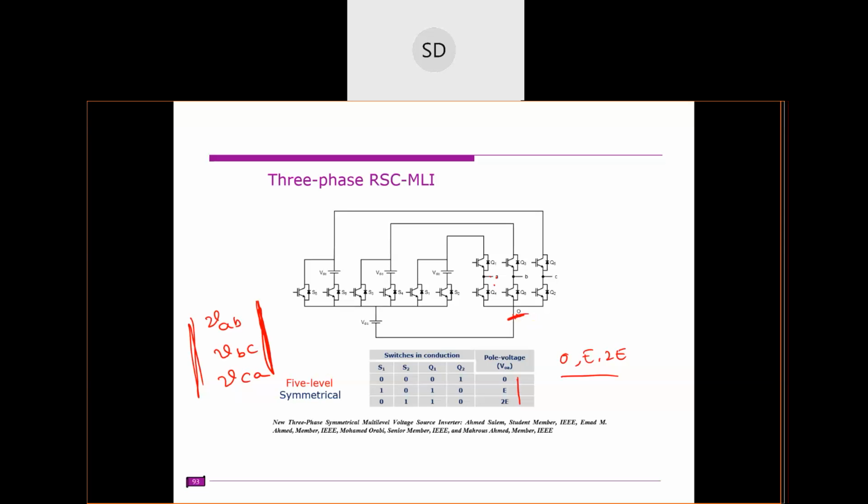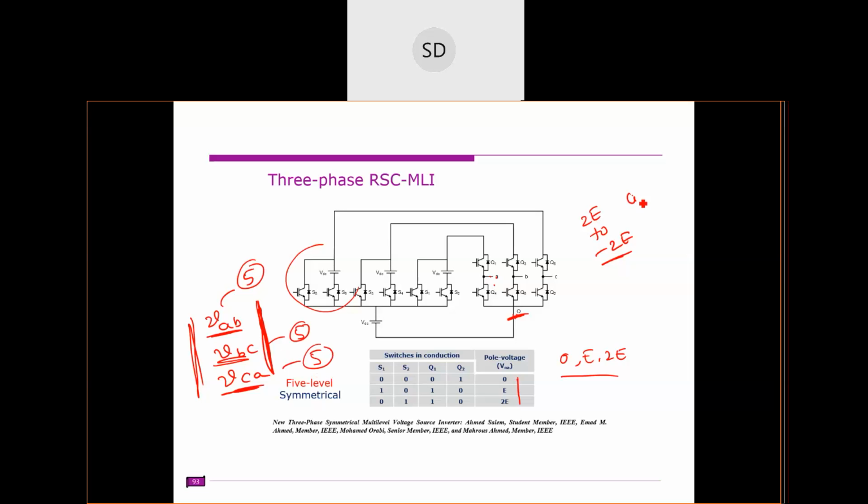With this combination, you can actually get 5 levels, starting from 2E to minus 2E. If you want to analyze that, you need to consider VAB and VC0. All of this will produce 5 levels.